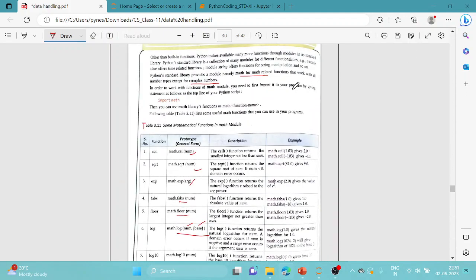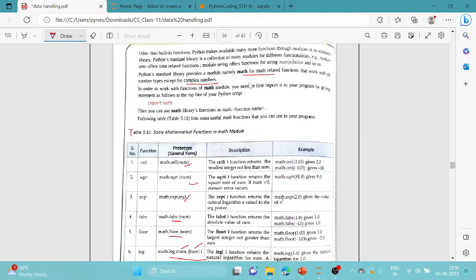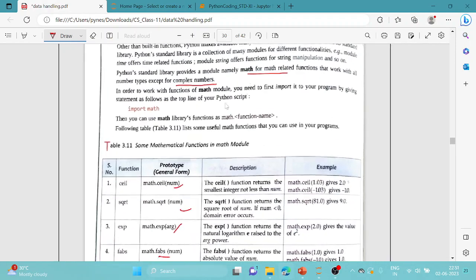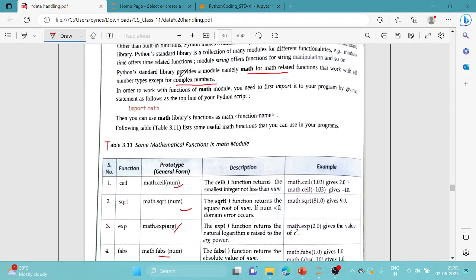Just look into this PDF. The Python standard library provides a module, namely math, for math-related functions that work with all number types except complex numbers. A complex number is a special kind of number in mathematics.